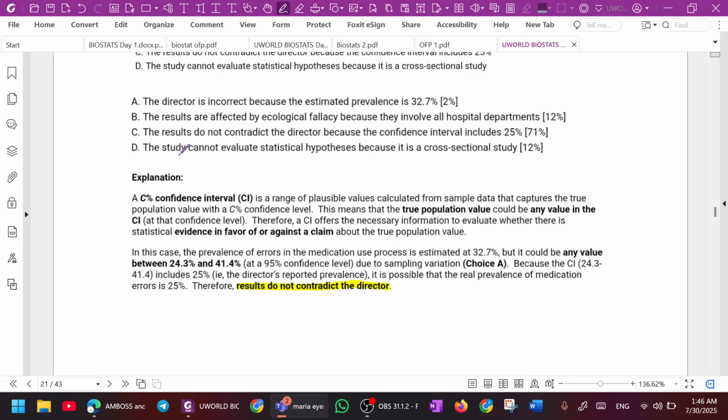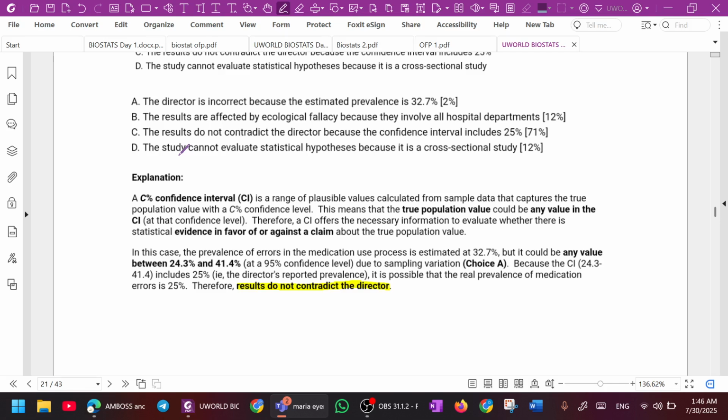Because the confidence interval 24.3 to 41.4 includes 25%, that is the director's previously reported prevalence, it is possible that the real prevalence of medication error is 25%. Therefore, the results do not contradict the director.